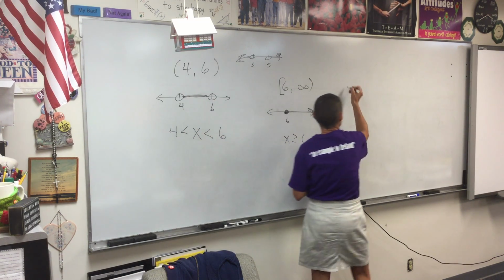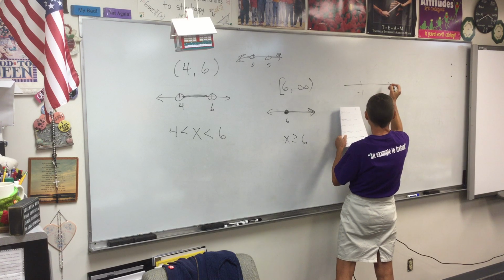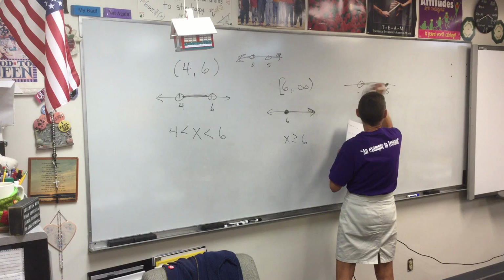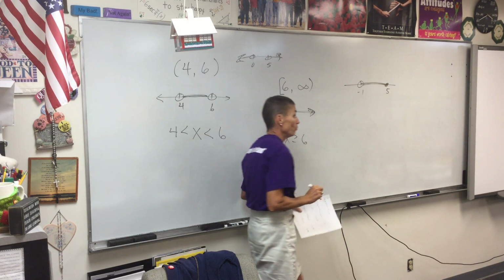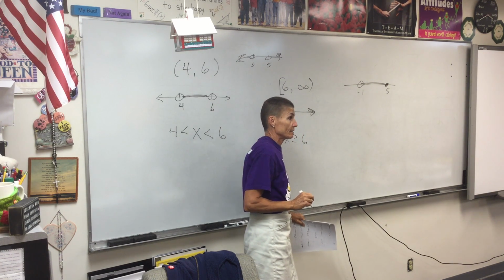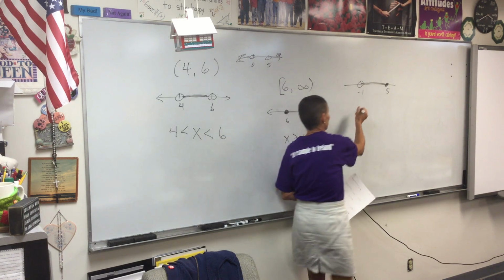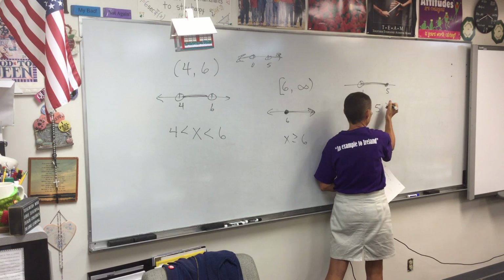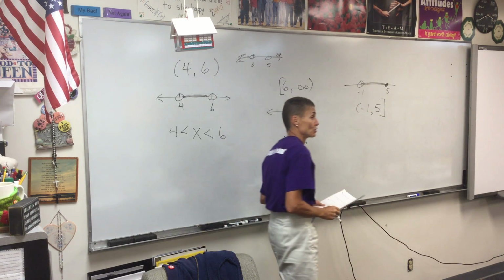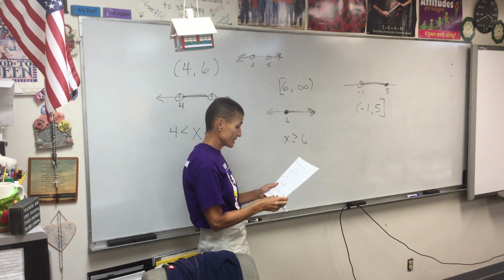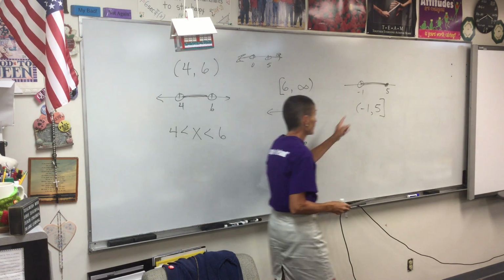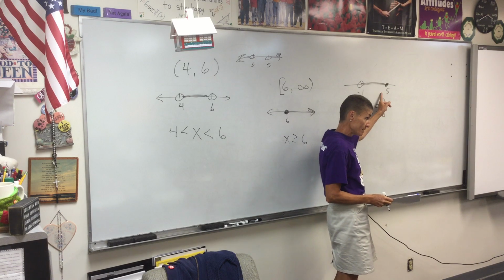The next one is an actual number line. Okay. What would that interval look like? Interval notation. Parentheses, -1, comma 5, bracket. There's your interval. But your directions say write as an inequality. So there's only one section shaded, right?